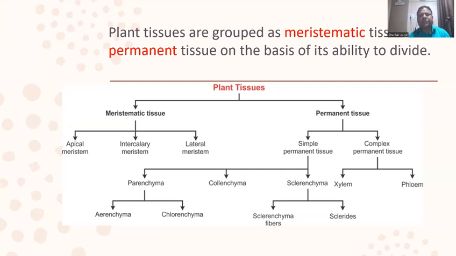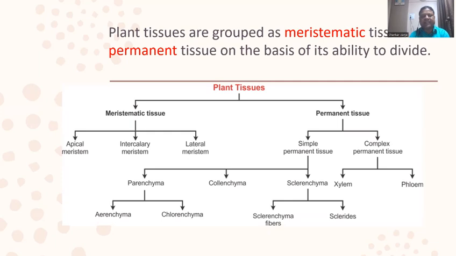Meristem or meristematic tissue has a power of cell division. These cells are immature, unorganized mass of cells, and they are constantly divided. It is a growing point of the root apex or shoot apex. They constantly divide by cell division and increase the length of root or shoot.